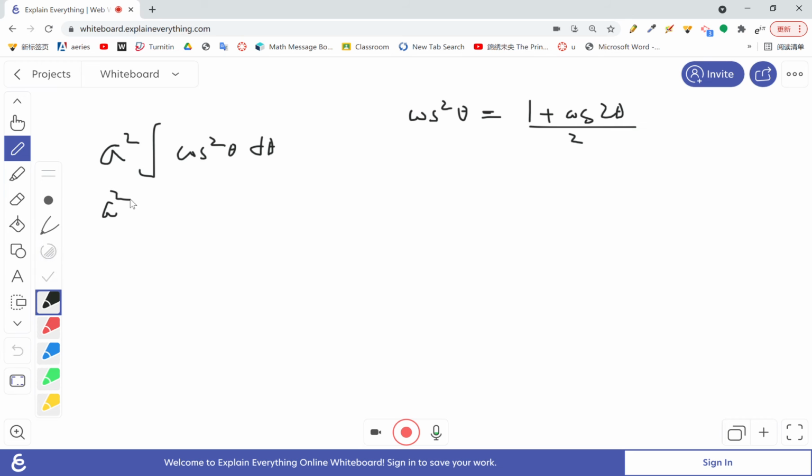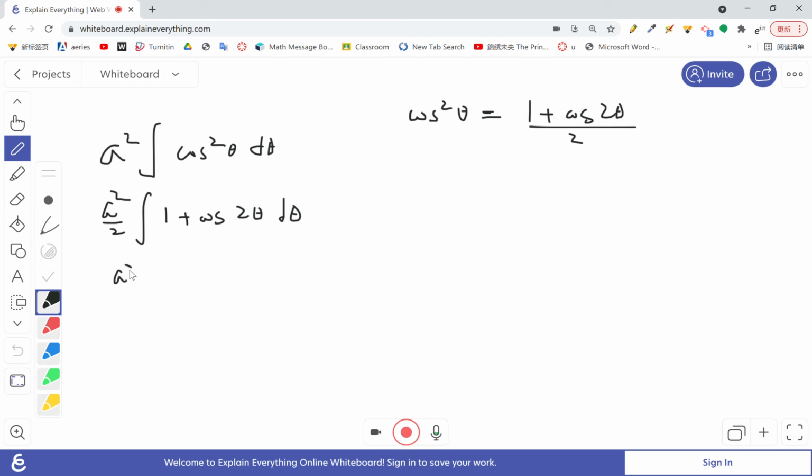Then we're going to have a squared over 2 times the integral of 1 plus cosine of 2 theta. Now we use the fundamental theorem of calculus.